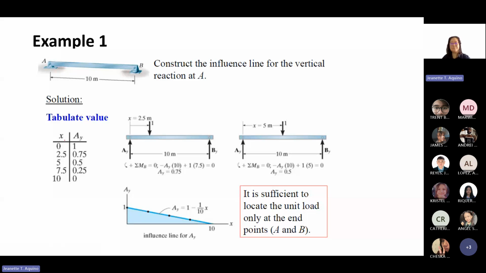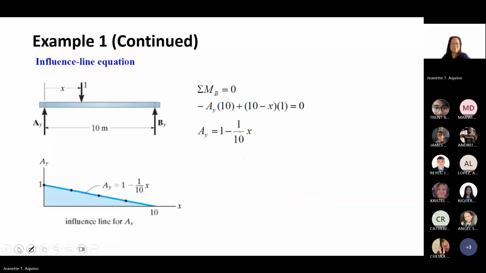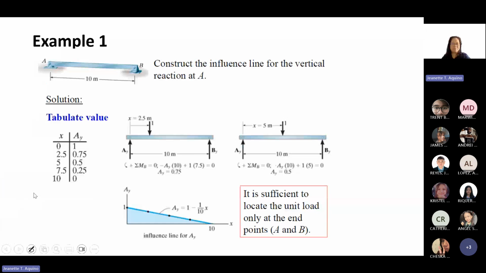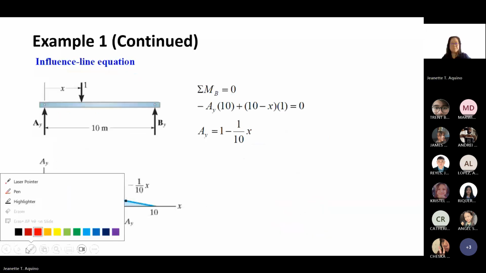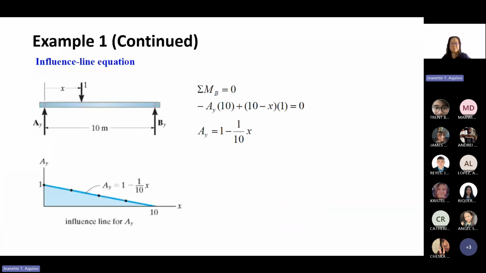You have to be able to draw these and tabulate, but I already put them. Okay, we first solve for the load at 0. I'll draw it as it moves.